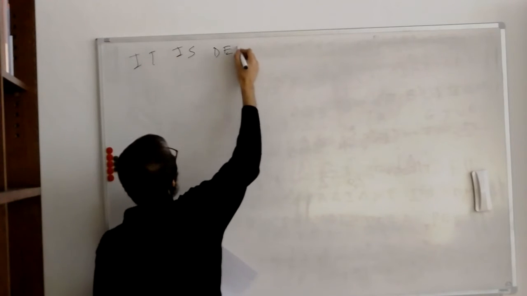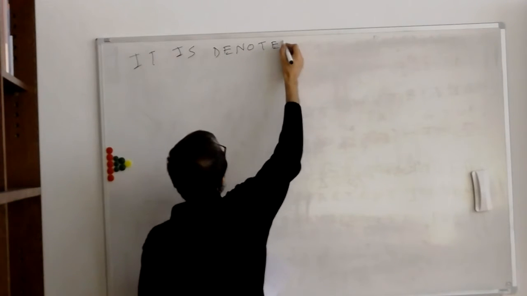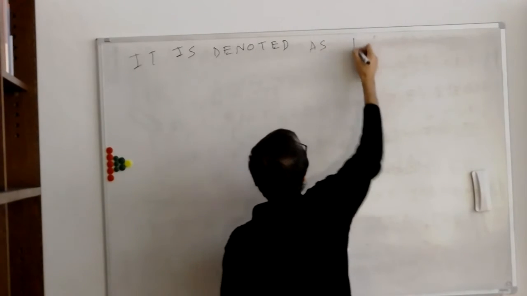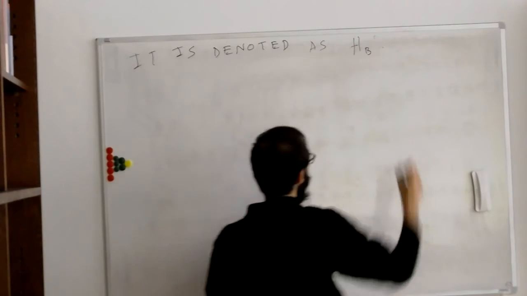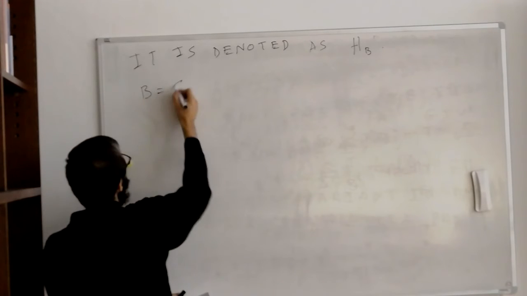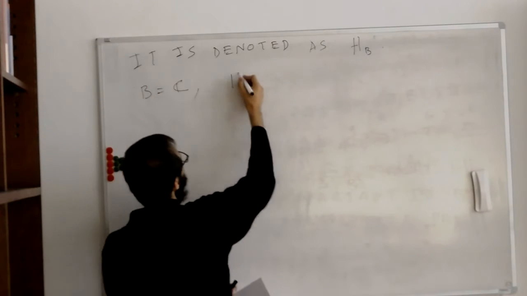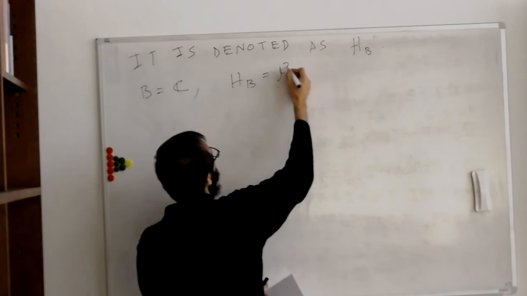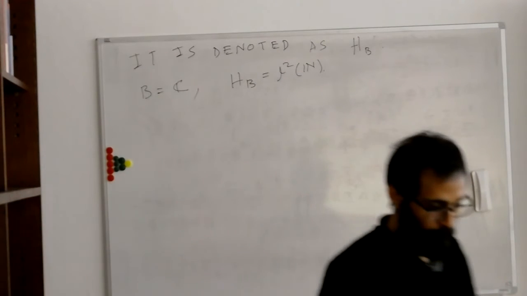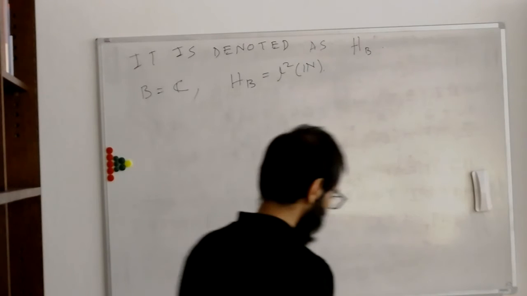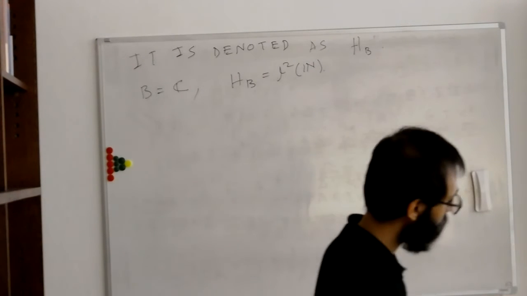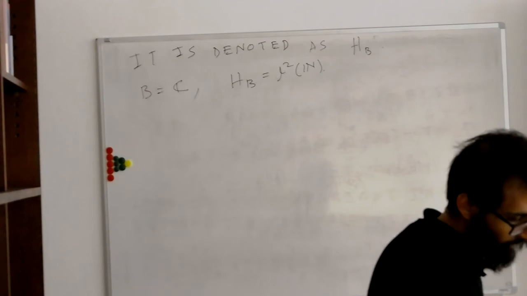Please note it as H_B, for B equal to the scalars, H_B is just l2 of N. There is another example, but probably I wouldn't have time to say that.